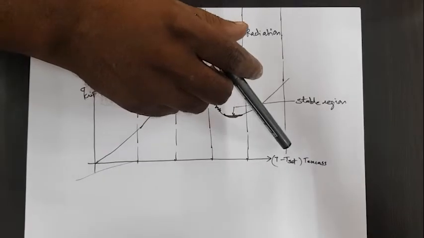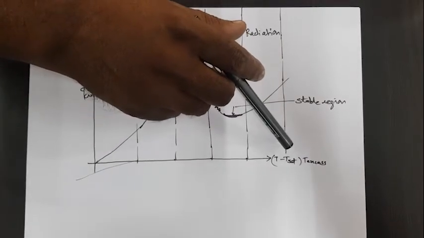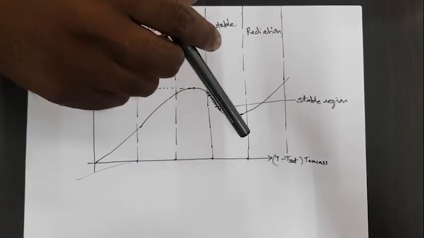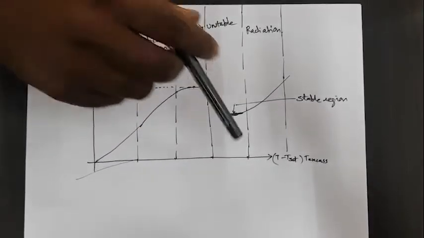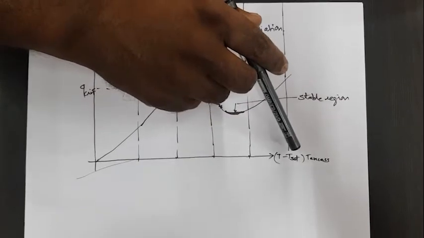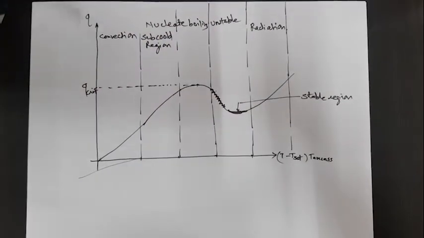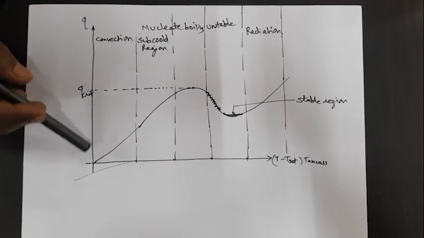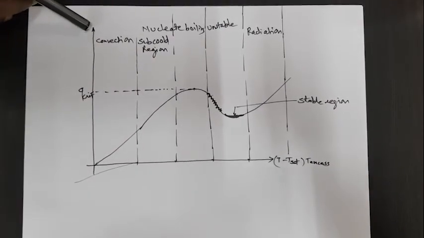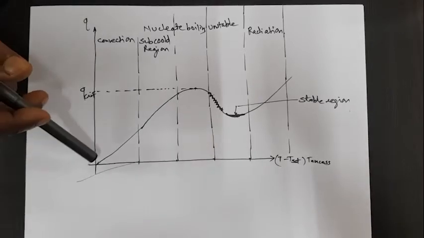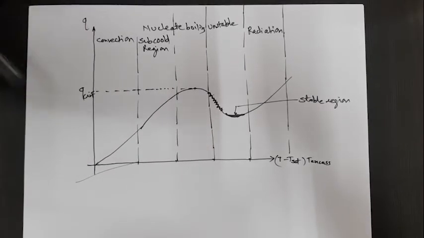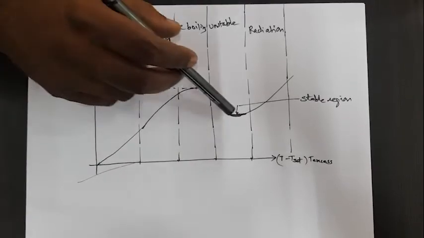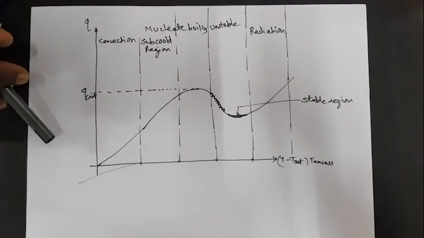That means T minus T sat will be nothing but the actual temperature of the bottom of that heating surface minus the saturation temperature, that is 100. So we have excess temperature on the x axis, and on the y axis we have the rate of heat transfer from that heating surface to the fluid. And this is the curve which I have drawn here, it is called the boiling curve.